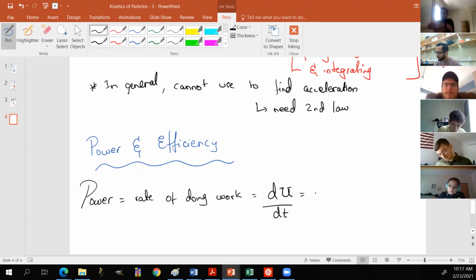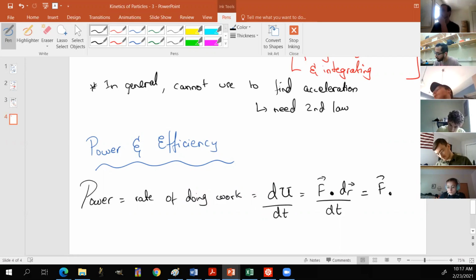And we know that dU can be written as F dotted with dr. Dividing this whole thing by dt, right, so basically power is just F dotted with dr over dt, which is just the velocity.